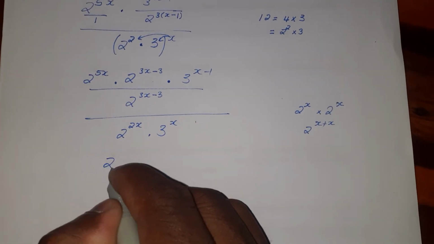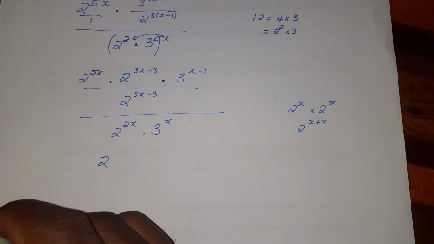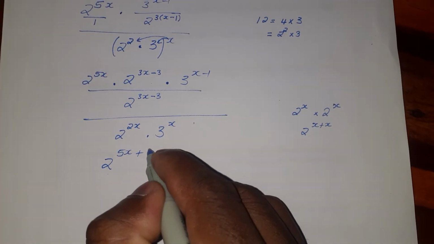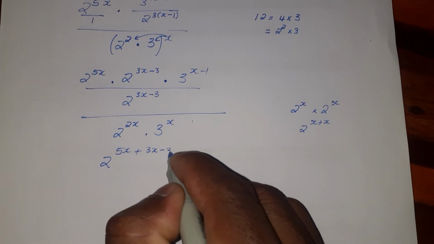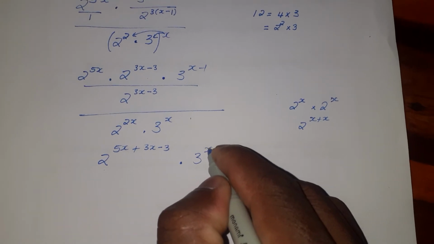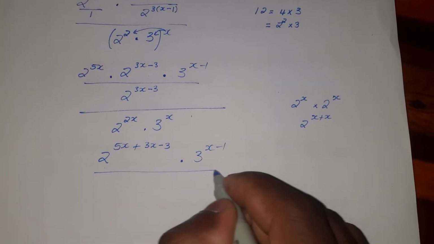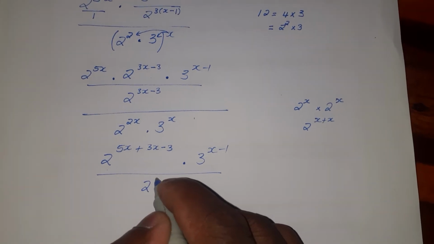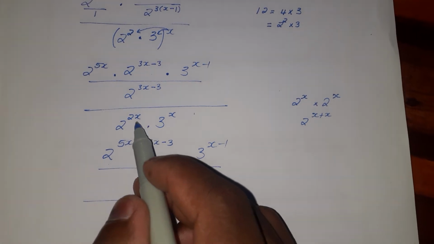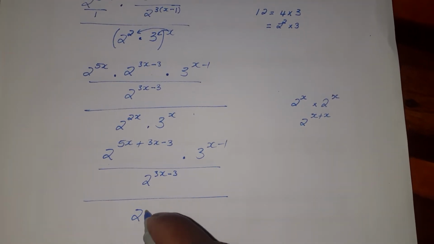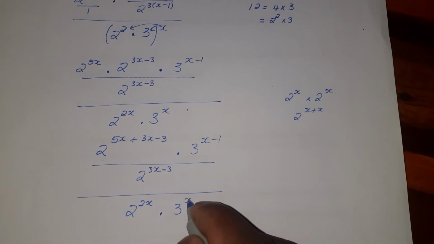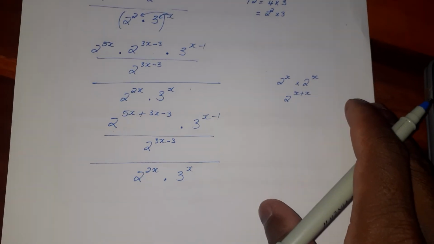We write this 2, which is the base, and then we write 5x plus 3x minus 3, and then you're multiplying by 3 to the power x minus 1, everything over 2 to the power 2x, and then multiply by 3 to the power x.